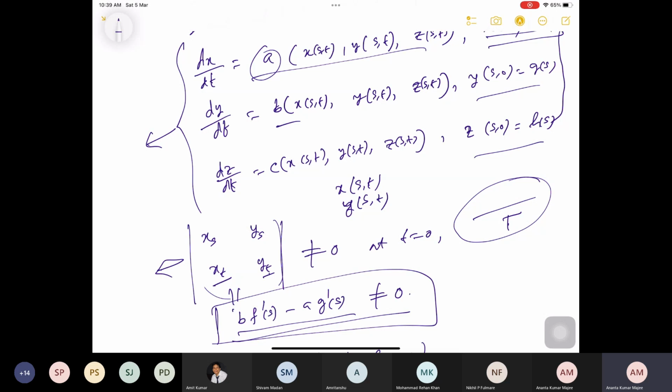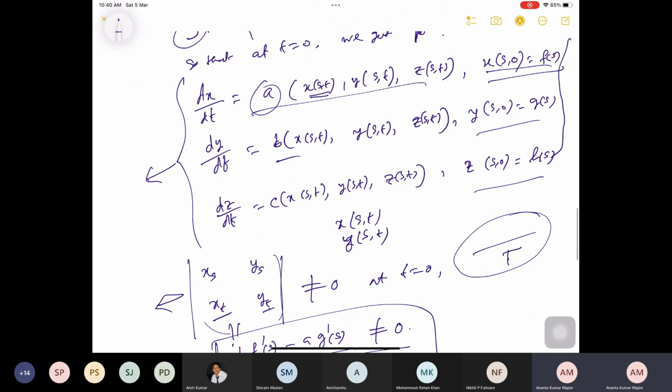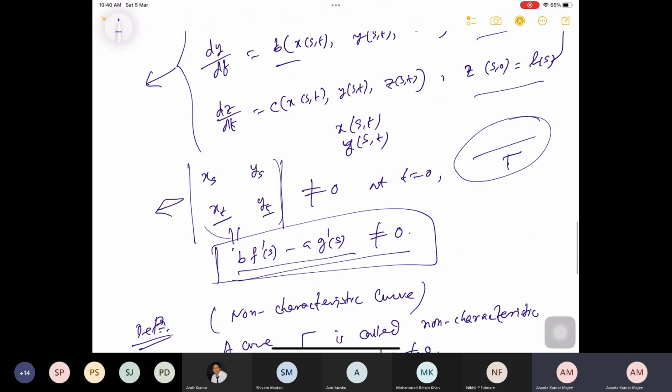Oh, okay. I was thinking it was the point, but it is a partial derivative. That's why I'm saying that x is a function of s and t, and y is a function of s and t. In your Jacobian, the Jacobian matrix is the partial derivative things, no? Yes, sir, that is what I tried to write down.